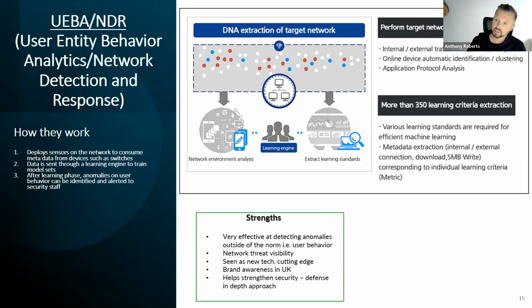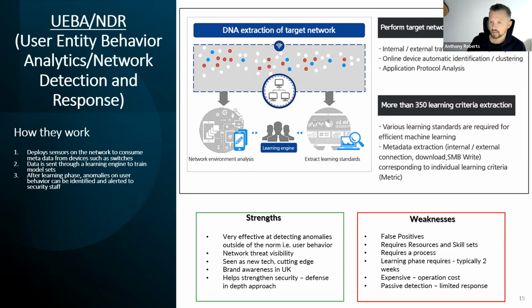So when a user is doing something outside of the norm, and again, they've been developed for a specific use case, for a specific attack type. It's new tech, it's cutting edge, it uses AI, it's a really interesting technology. But again, as I said with the previous slides, there's weaknesses with this as well.